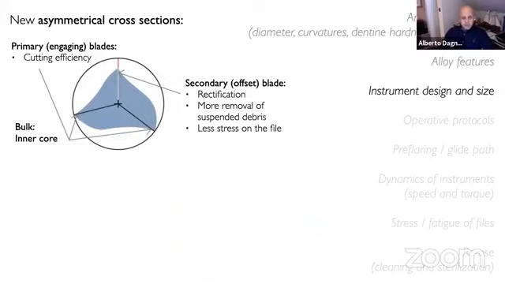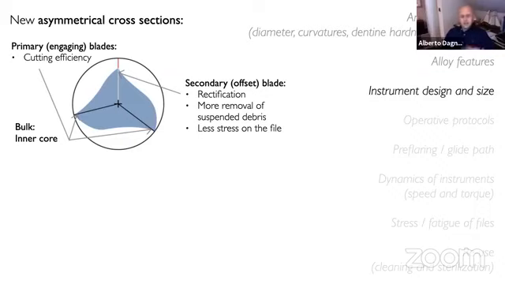And another consideration about the geometry and the instrument design is regarding the cross-section, because the file has to find the right compromise between the cutting ability and the flexibility and the maintenance of an inner core, of a resistant inner core.